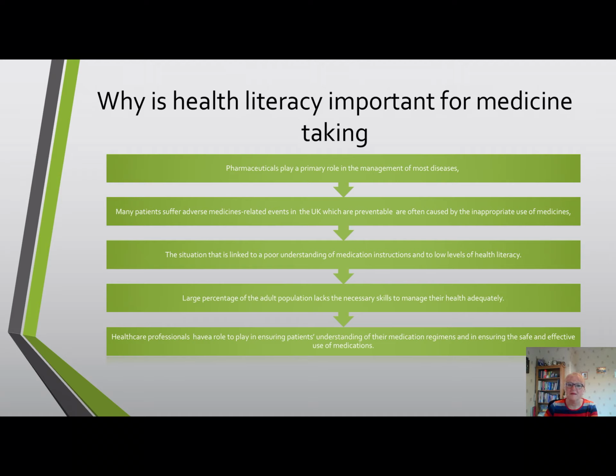Because of this, hospital admissions are very high because of the adverse effects of medicines, what patients take. So medicine taking is very complex for the patient to understand. This is further escalated if the patient has poor health literacy. They are going to have further problems being able to understand their medicines and take them correctly.